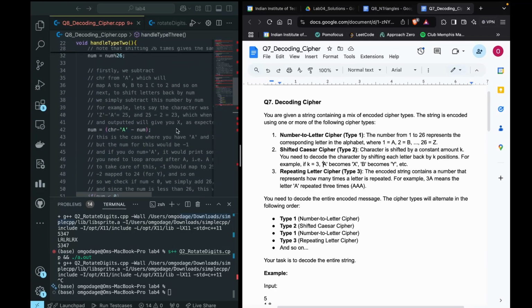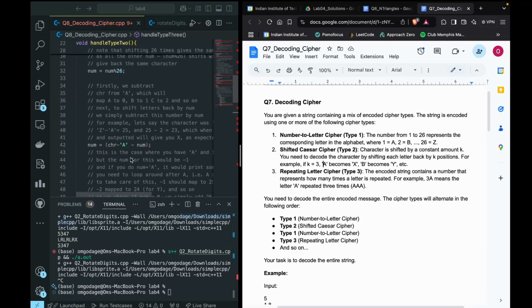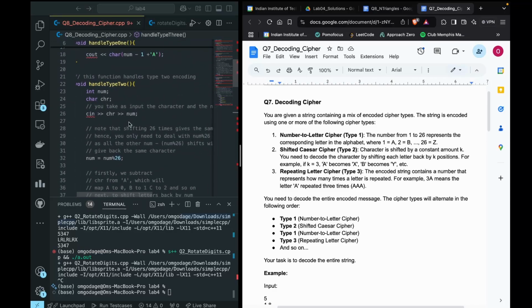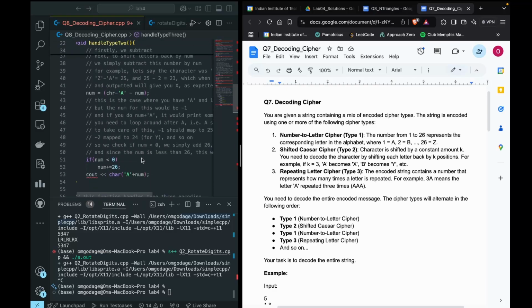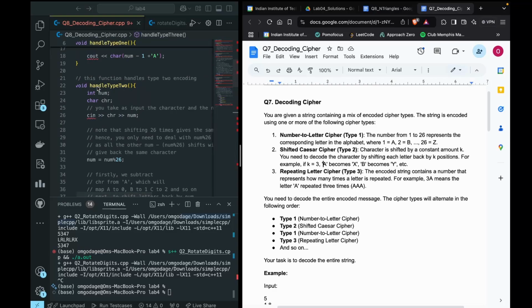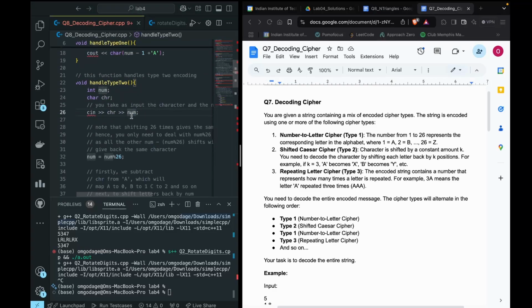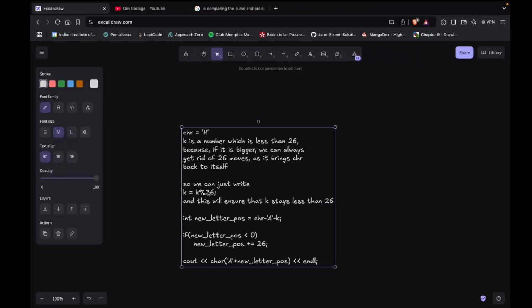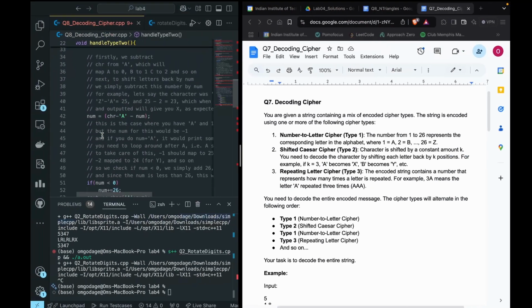So let's see the function now. I have written a lot of comments over here for you guys to understand it. So if the video solution wasn't clear, try to read through this. This will hopefully make it easier for you to understand. The handle type 2 function takes in a character and a number, and number over here is just k. So you just do k equals k percent 26, as I told you over here.